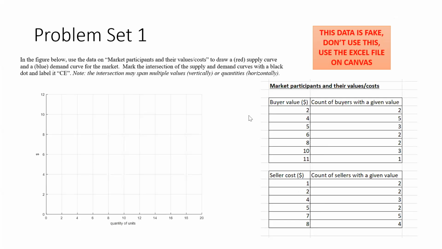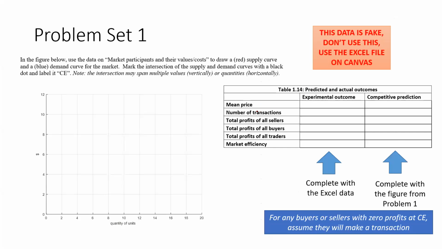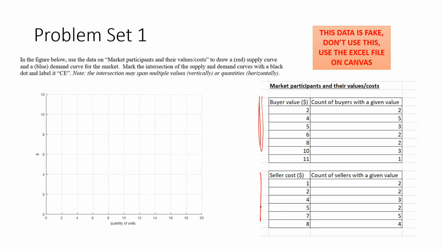For anyone who has started problem set 1, first of all, this data is fake, so don't pay attention to these actual numbers, but we'll walk through a little bit how we use these numbers. Can someone tell me how they constructed either their supply or demand curve from this data?